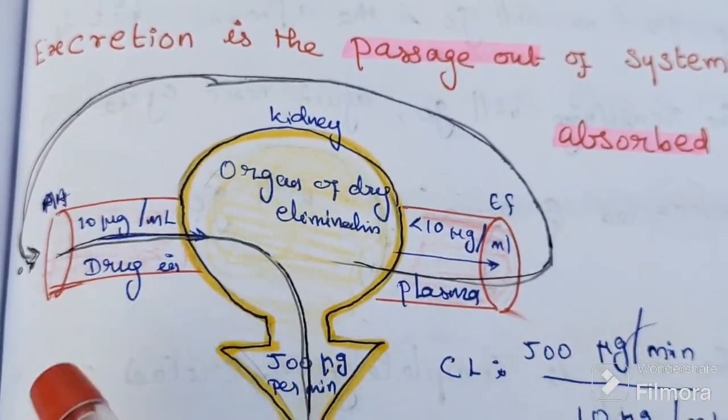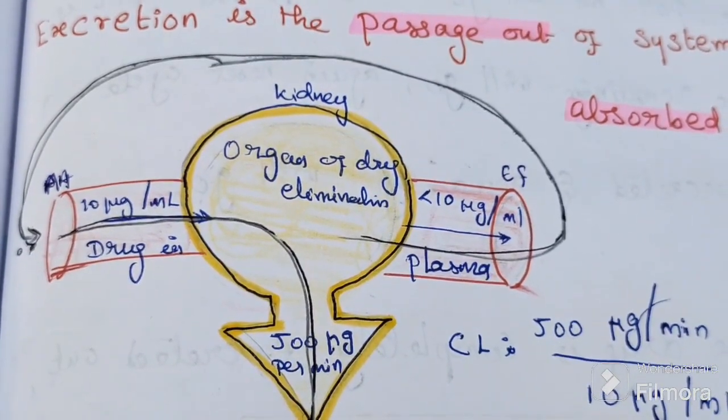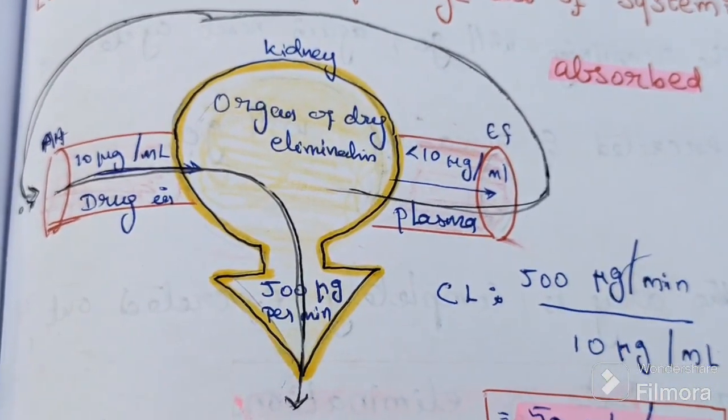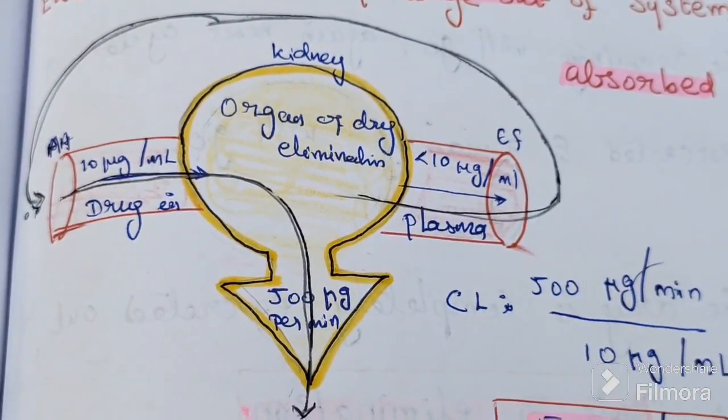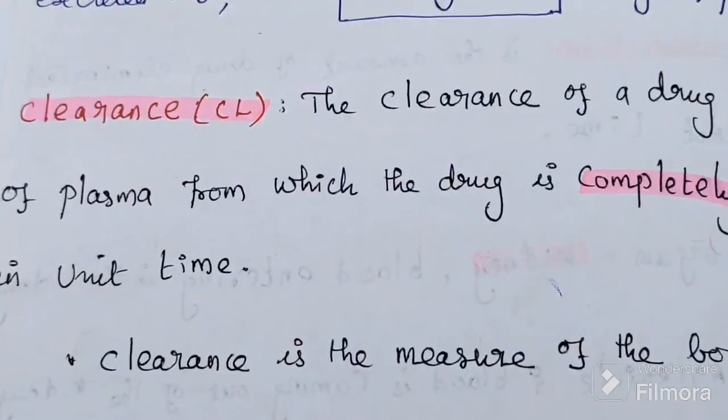The complete process requires multiple cycles until the complete 5 liters of plasma is cleared. This is called clearance.